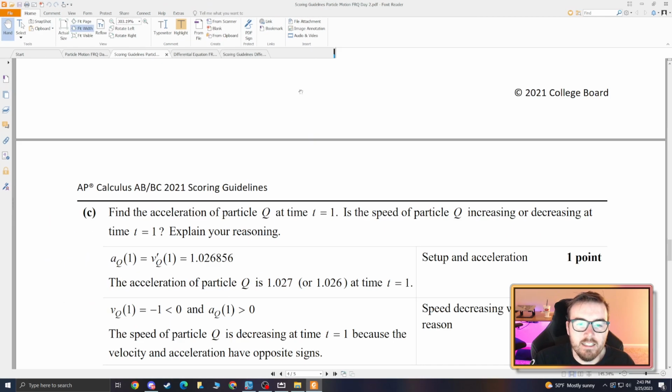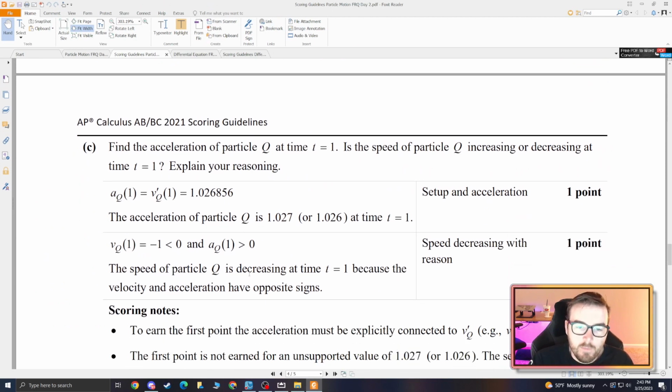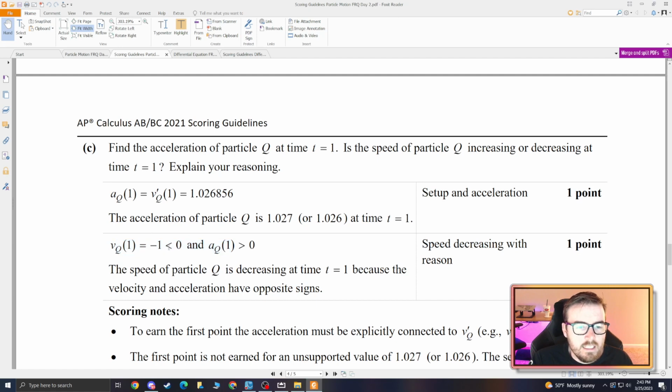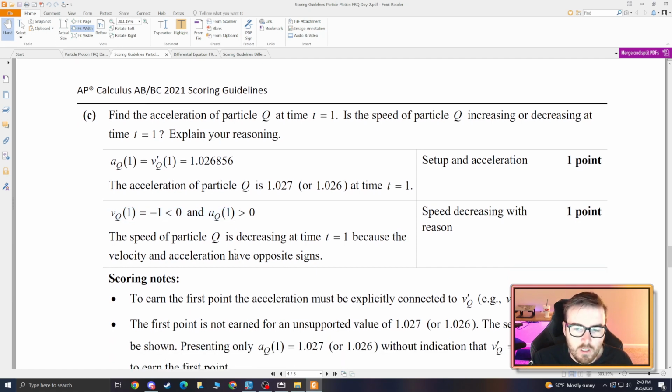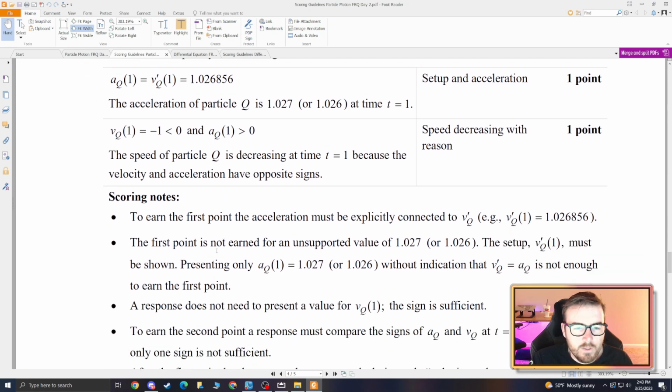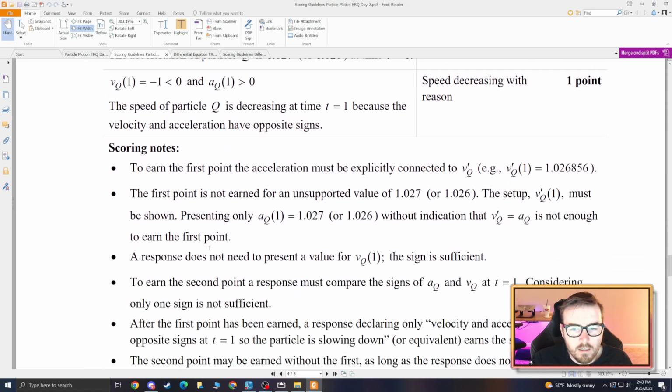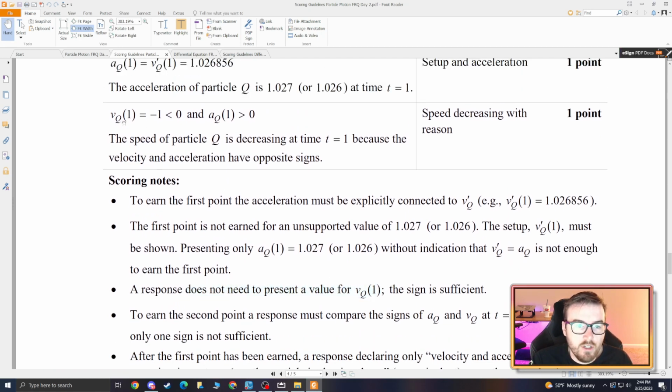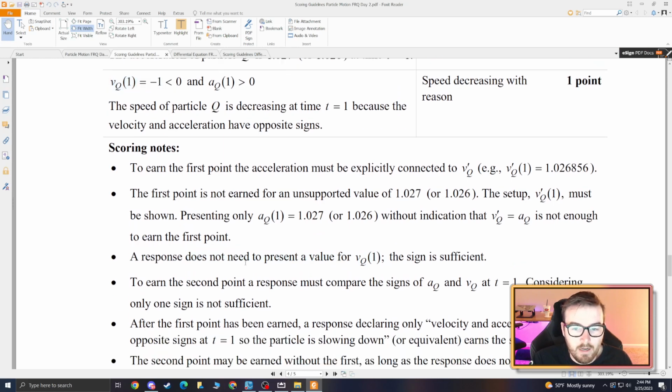If I go to the scoring guidelines, let's see how well I did. The speed of particle Q is decreasing at time t equals 1 because the velocity and acceleration have opposite signs. Look at that. Now, they did write this statement: velocity is less than 0, acceleration is greater than 0. I don't know if that is 100% necessary. The response does not need to present a value for velocity, so you don't need to remind them about velocity.